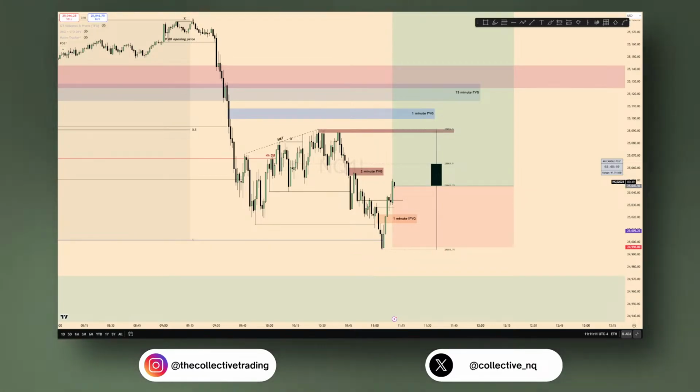Off of the 1 minute inversion. Okay. Did just trade to the 50-minute order block, by the way.